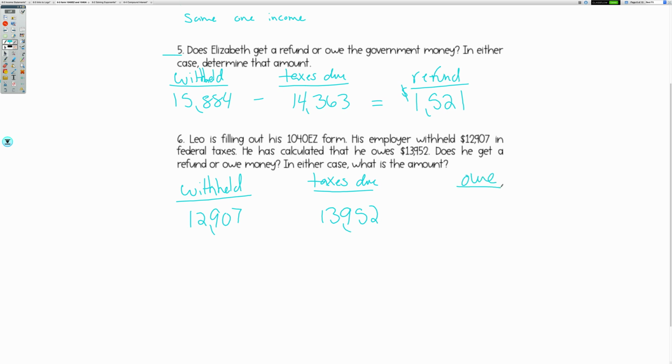Now, if I subtract it the same way, it is going to be a negative number because it's a smaller number take away a bigger number. But when we type this in the prep work, don't do the negative. But this would be negative 1,045. In your prep work, it asks owe or refund. So this would be owe, and how much it would be. He owes 1,045.